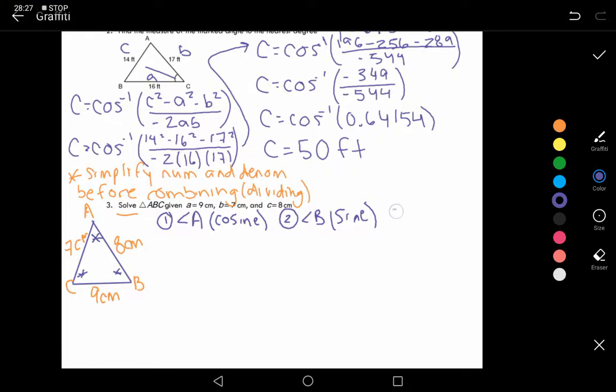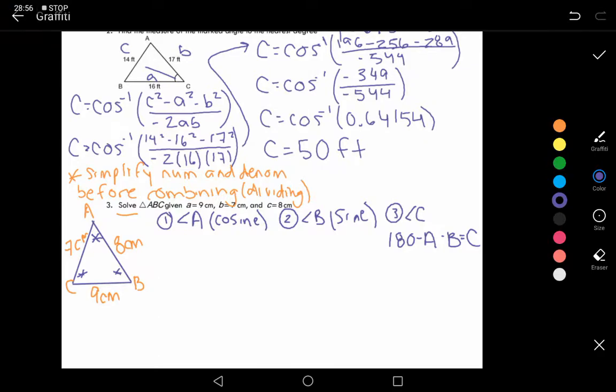Lastly, to find that last angle, remember the interior angles of a triangle add to 180. So all we have to do is take 180 and subtract angles A and B. So we're going to go 180 minus A minus B, and that will give you angle C. I want you to take the time to do that on your own.